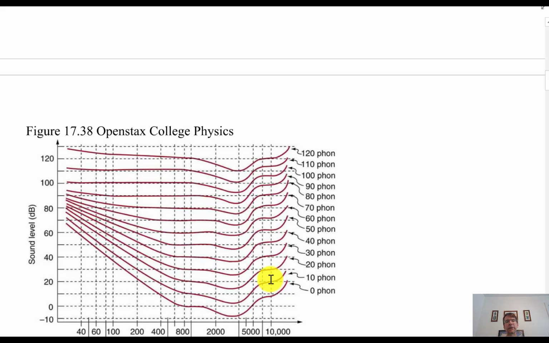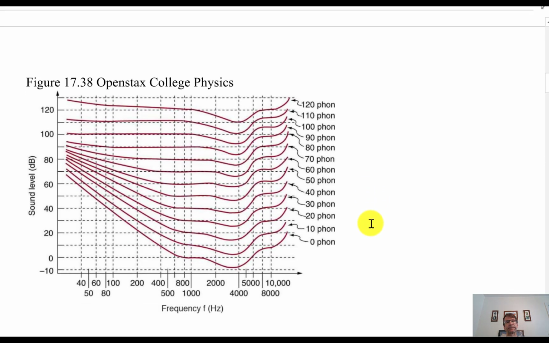But for you to hear it at 10 fans at a lower frequency, if I follow it all the way along to say 40 hertz, I need to have it played at 60 decibels. If I play a 40 hertz sound at 60 decibels, it will sound just as loud as a 10,000 hertz sound played at 20 decibels. So you have to look at that for a while. There's a lot going on there. That's perceived loudness.